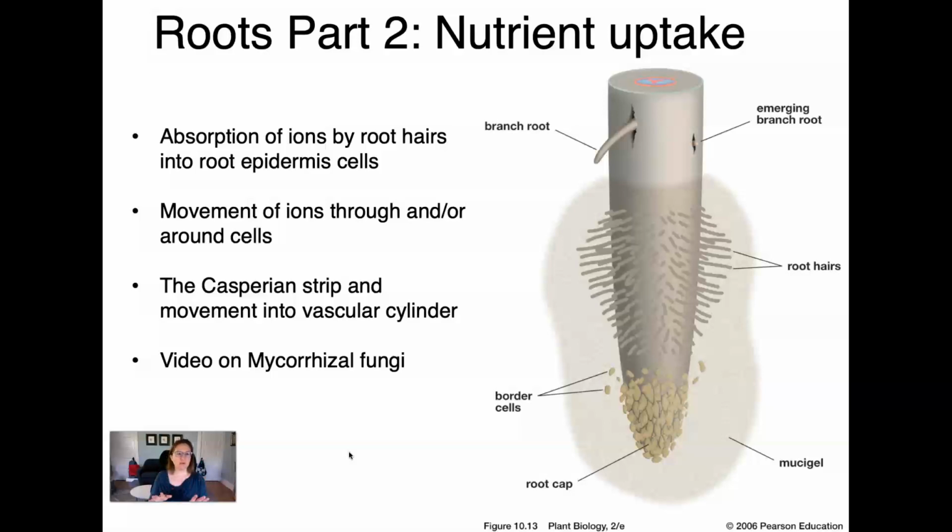So we're going to go through four things: the absorption of ions by root hairs into the epidermis, the movement of the water and ions through or around the cells of the cortex, and then the movement past what we call the Casparian strip and into the vascular cylinder where it meets the xylem and starts being able to be transported by transpiration.